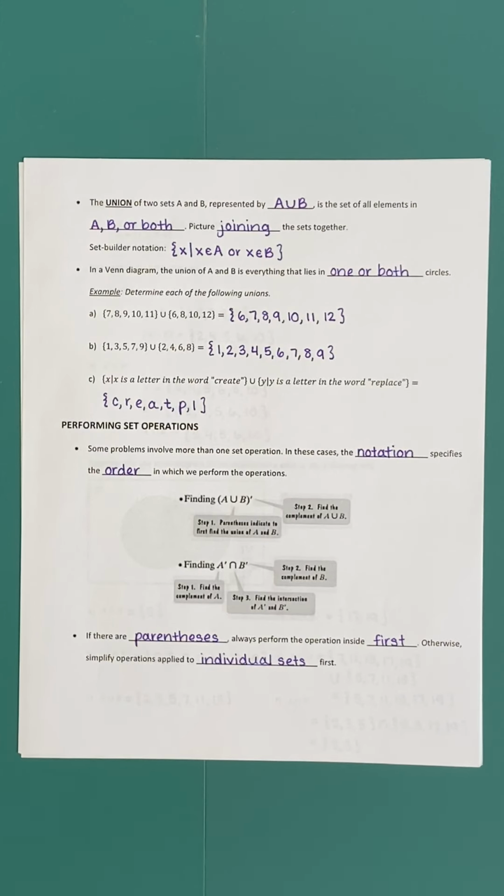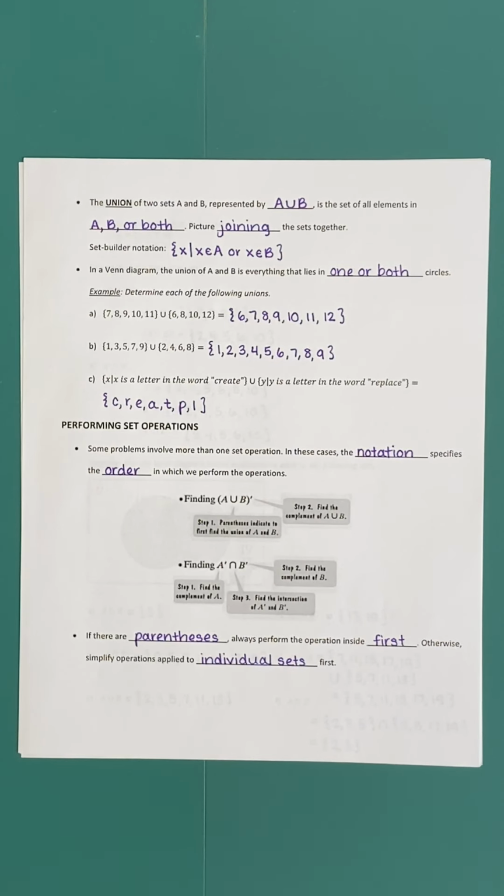So if we're not looking at something where we have parentheses and then applying a complement, anytime we see the complement, it's applied to a single set. So that individual operation that applies to that individual set has to be done before we can link sets together, before we can take an intersection or take a union.